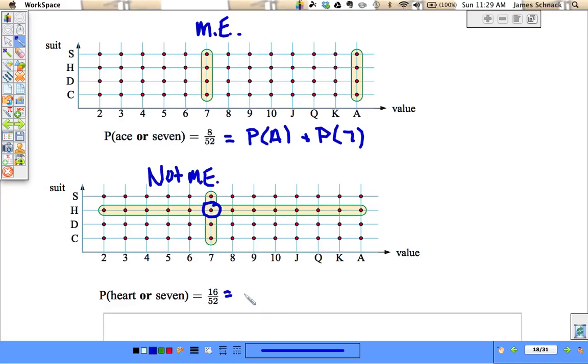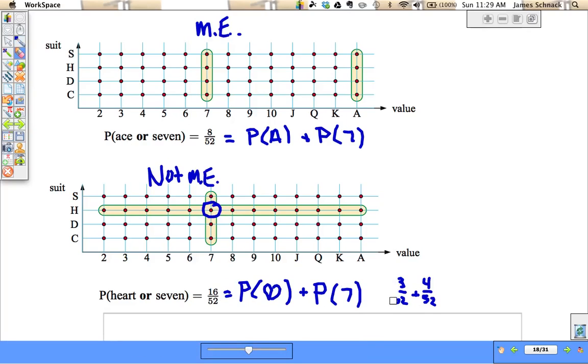Now, if I just said, okay, I'm going to go like mutually exclusive ones and take probability of a heart plus probability of a 7, we'd have 13 out of 52 plus 4 out of 52, and that's 17 out of 52. And that's not the right probability because there are only 16 dots highlighted total.